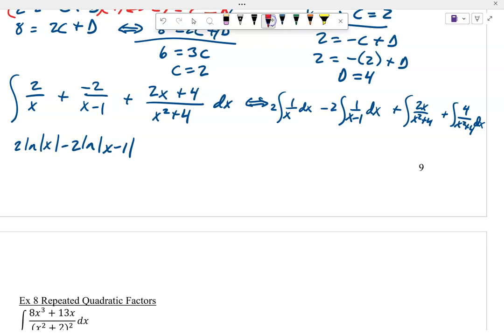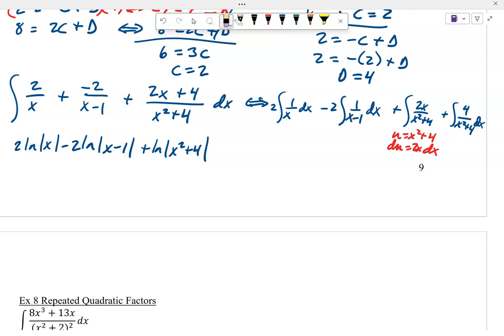I'm going to let u be x squared plus 4, so du is 2x dx. So that's just 1 over u du. So that'll be the natural log of x squared plus 4. And then over here, I'm going to have to use the arctangent on this.